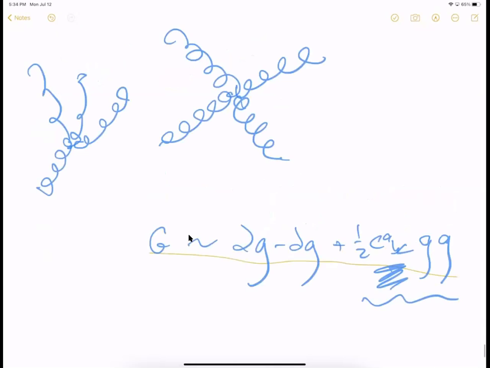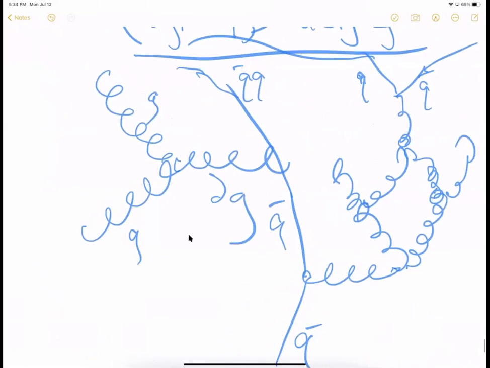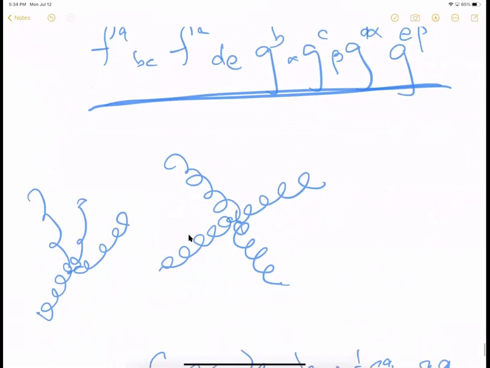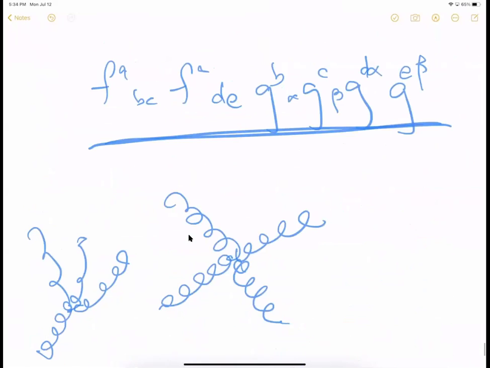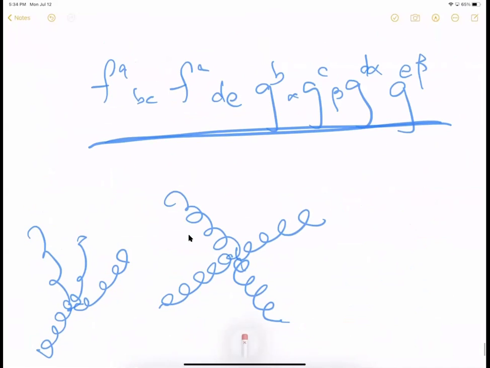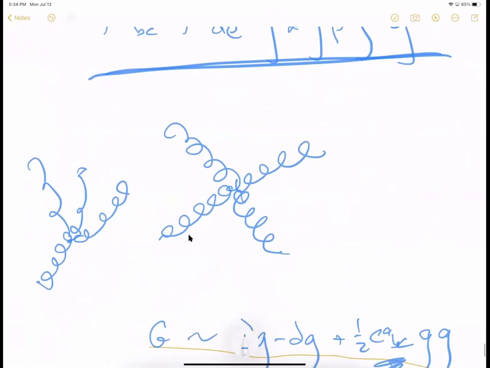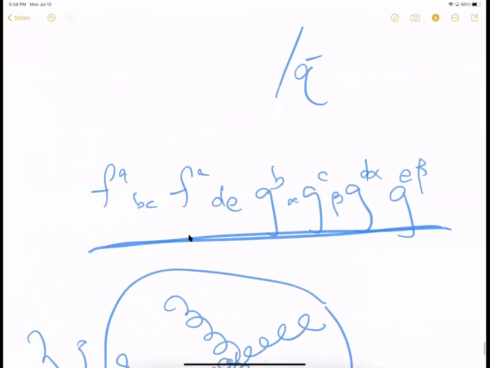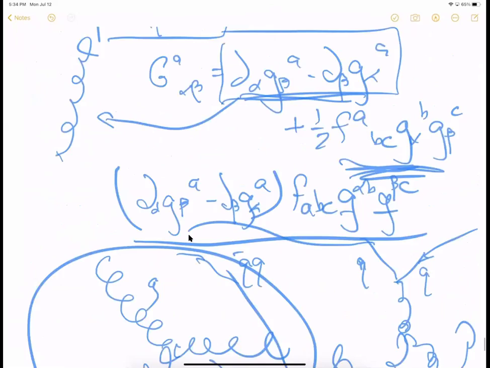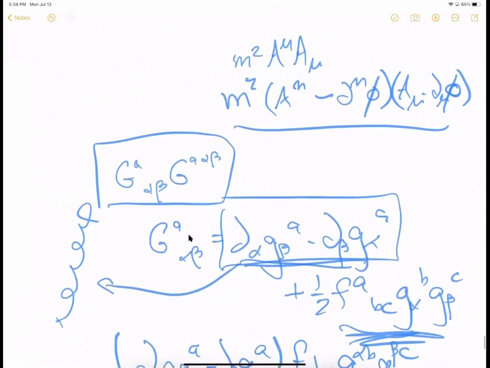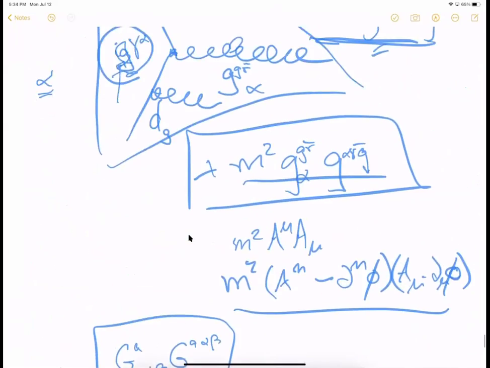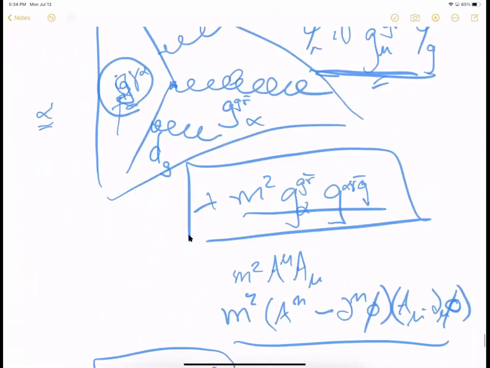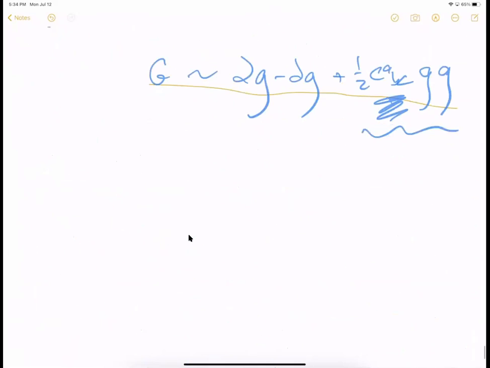So these diagrams, this 3-particle diagram and this 4-particle diagram, will accompany the usual interaction. Let me just put them all together.